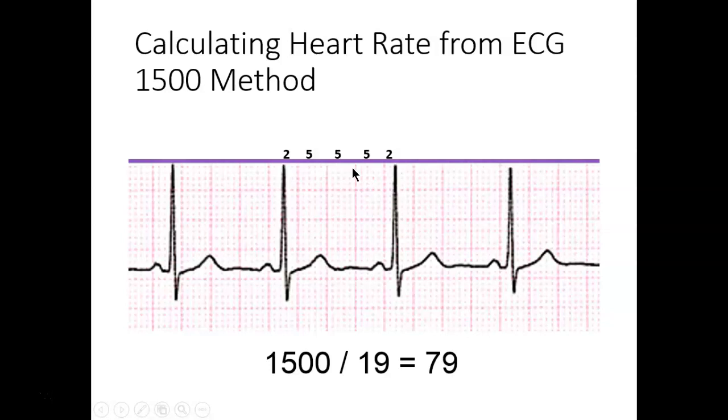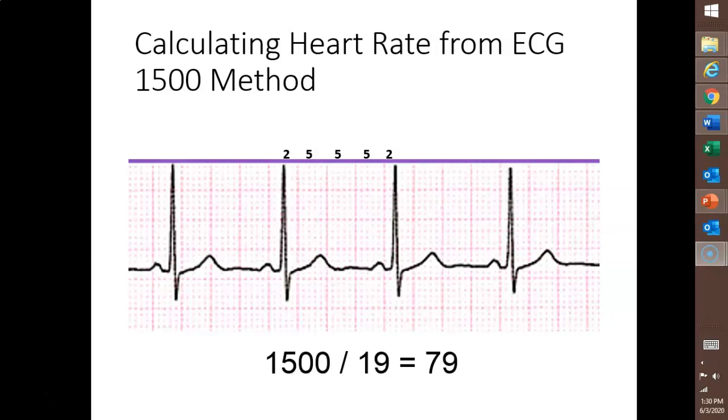So there are 19 small squares from the peak of an R to a peak of an R. So 1500 divided by 19 means that we have an approximation of 79 beats per minute. Practice this a few times, and remember, this only works if you have a regular, normal sinus rhythm.